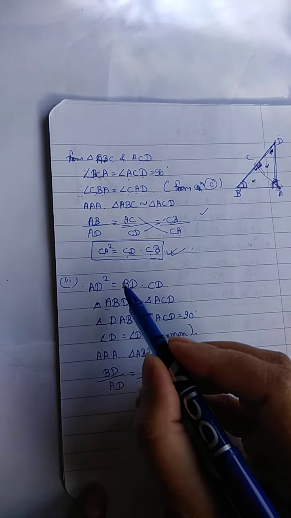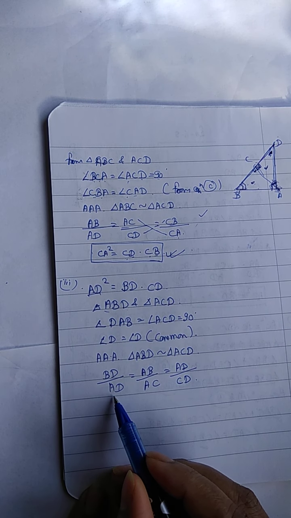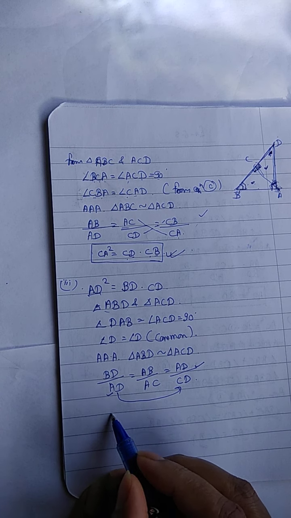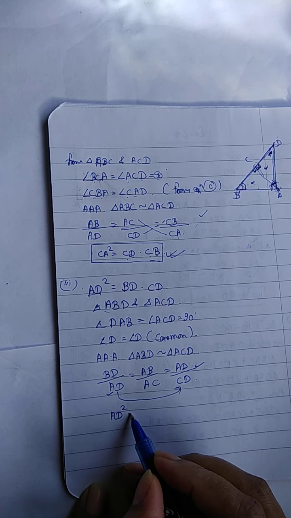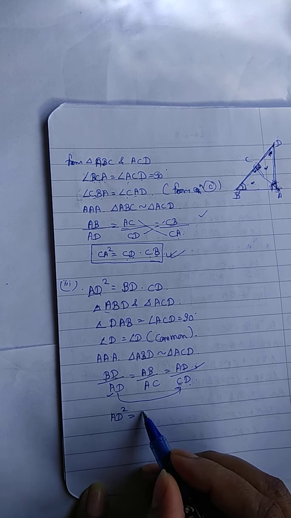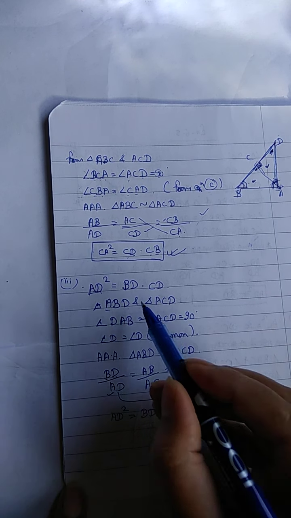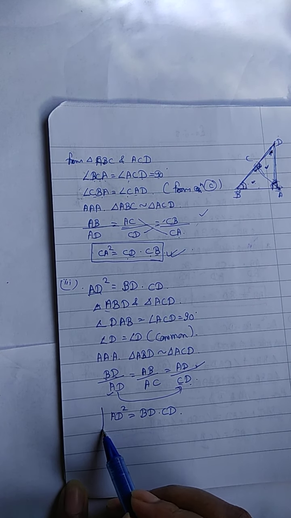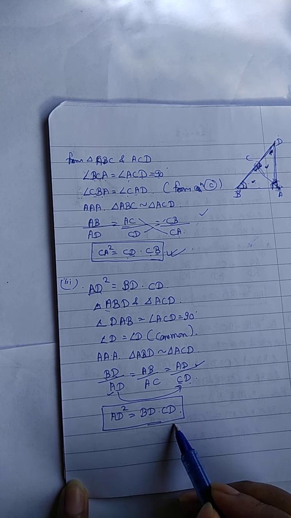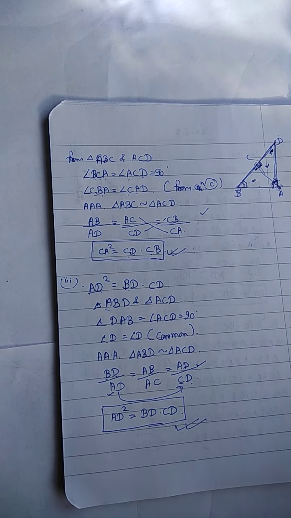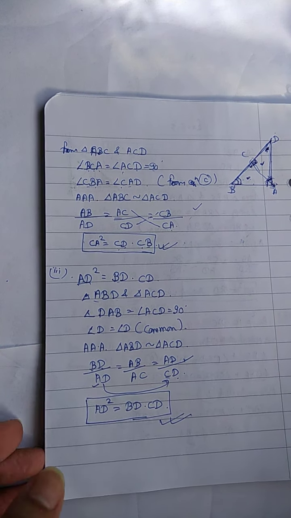Now what we have to calculate? AD square. Where is AD? AD is here and AD is here, so we take these two. So AD square equals BD into CD, right? The same thing we have to show. So this is done, and question number 3 has been done.